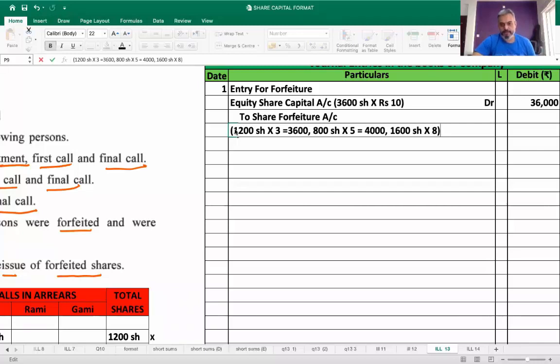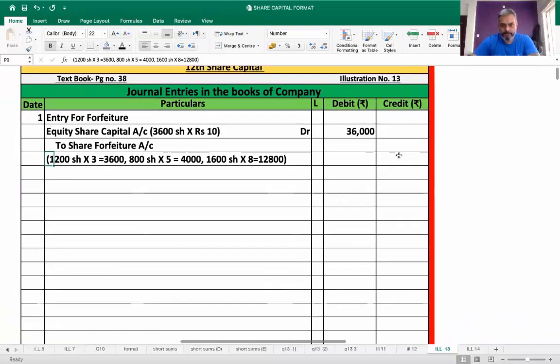So do this working. So the total comes to 1600 into 8 is 12,800, plus 4,000, plus 3,600, 20,400.